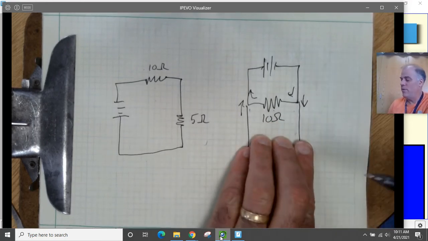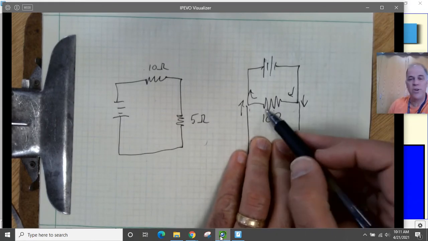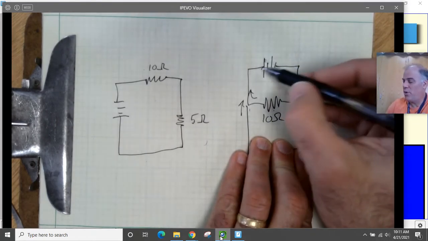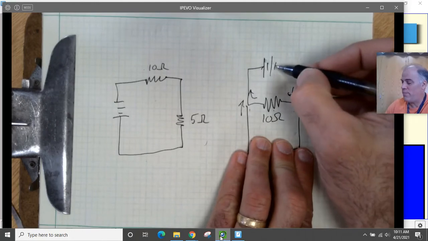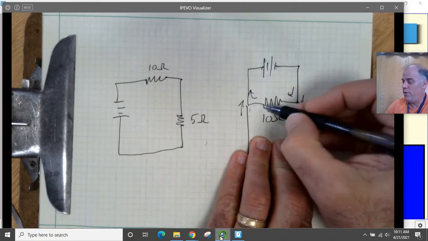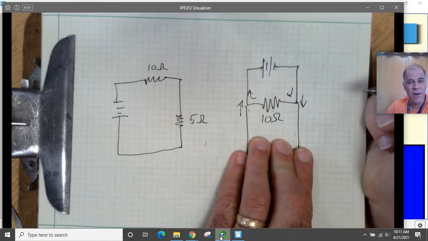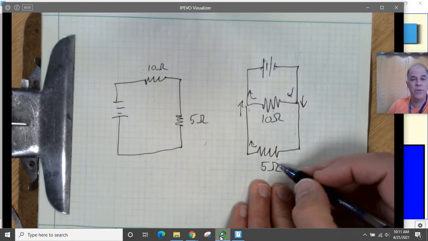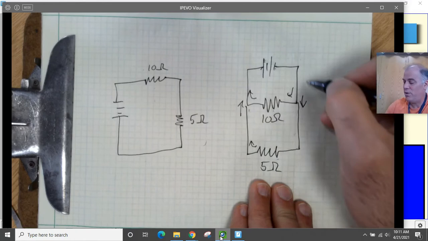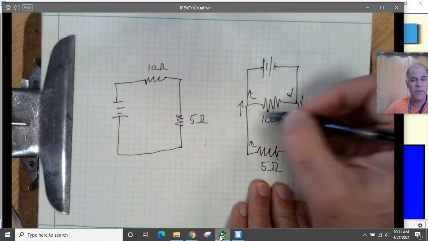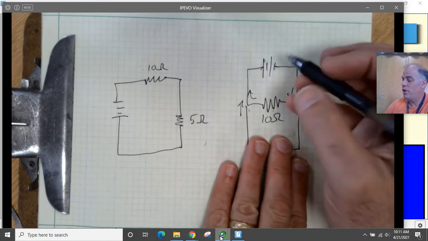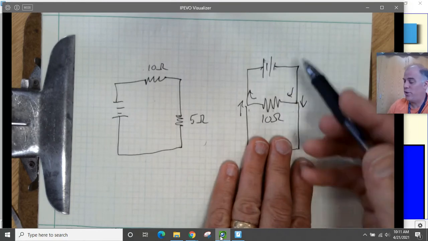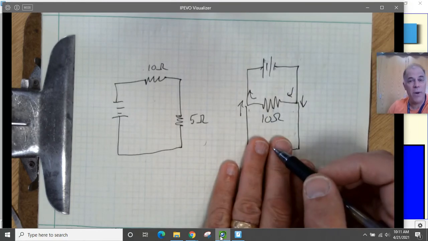Okay, as far as this resistor is concerned, it's connected directly to the battery. There is a direct path from the battery through the resistor and back to the battery again. And it doesn't know or care that there's another resistor over here. It has nothing to do with the current flowing around this loop here. Okay, so that means that you can analyze this circuit as if it were the only game in town.